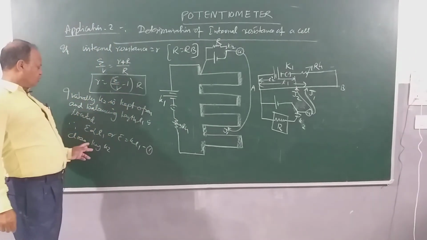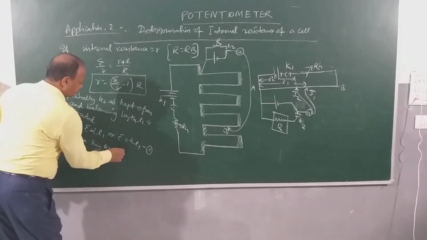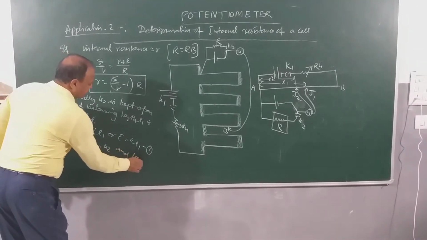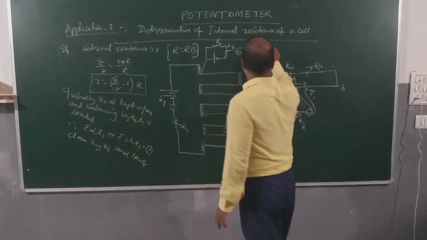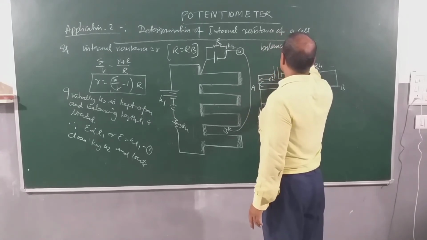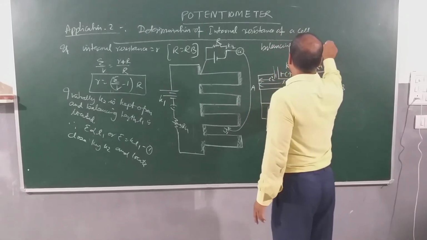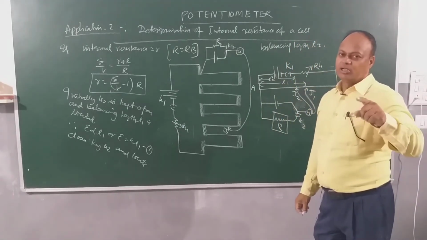So close key K2 and locate the balancing length L2.